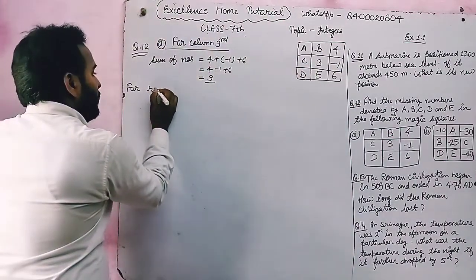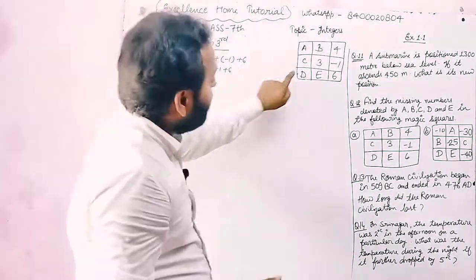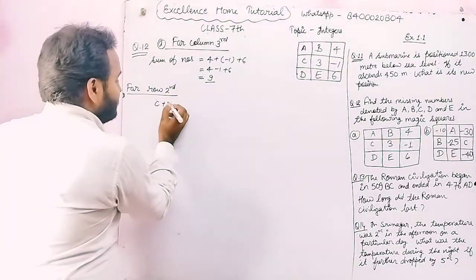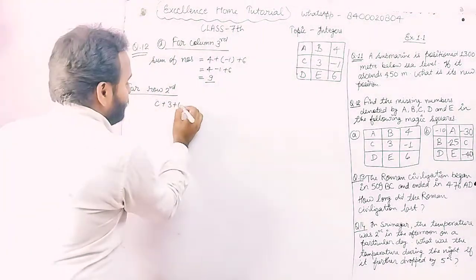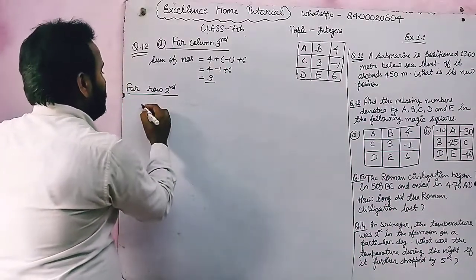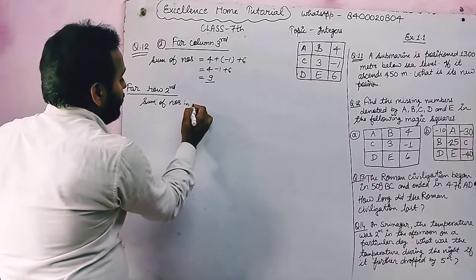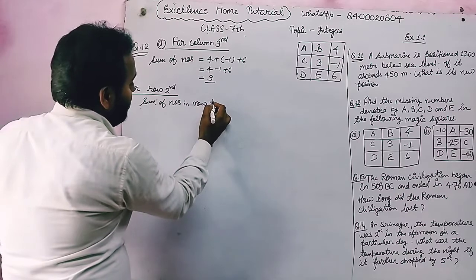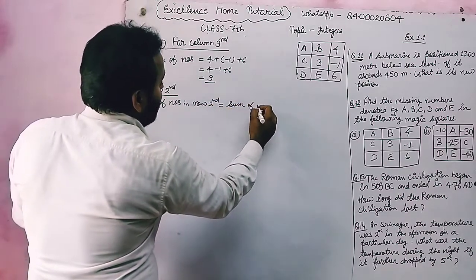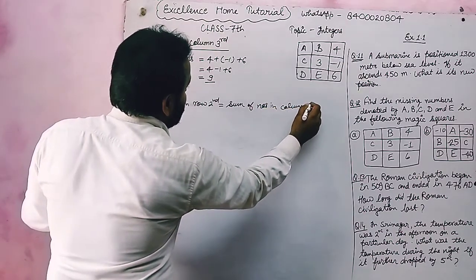So we have to move to the next step for row second, because in this row only 1 unknown number is given. So 3 plus C plus -1 equal to this sum. Sum of numbers in row second equal to sum of numbers in column third.